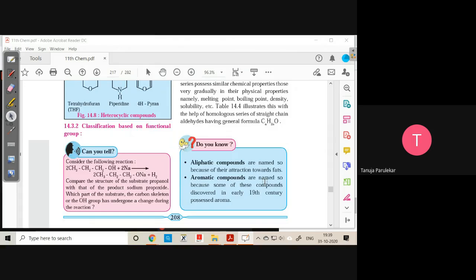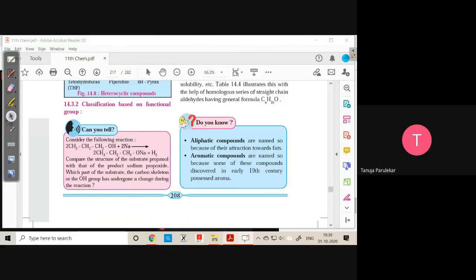Aromatic compounds are not all perfumery. Some of them are, yes, some aromatic compounds, some ketones and so on can be used in perfumery. So people thought that all these compounds had a beautiful smell, so they were called aromatic compounds. Aliphatic compounds are named so because of their attraction towards fat. So this is some additional information given to you.